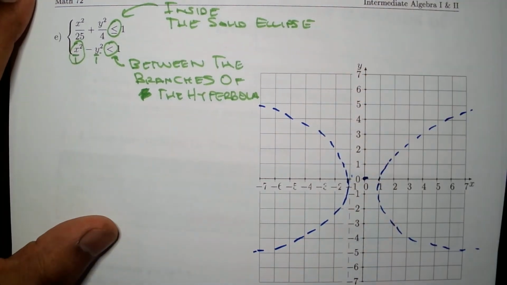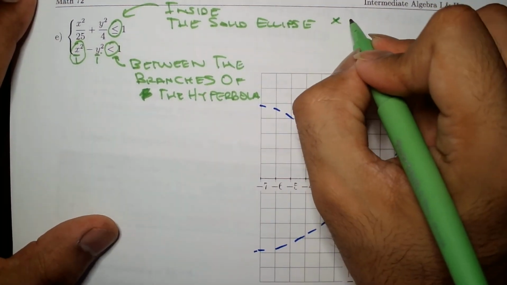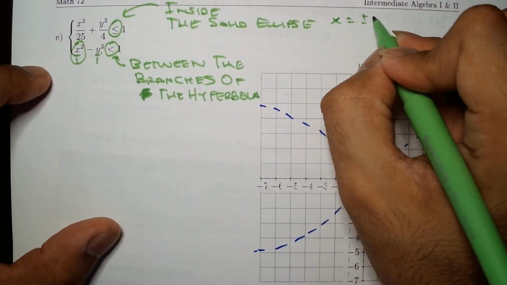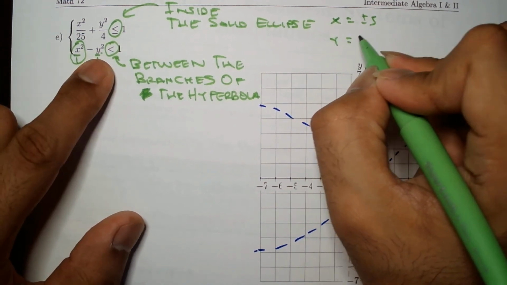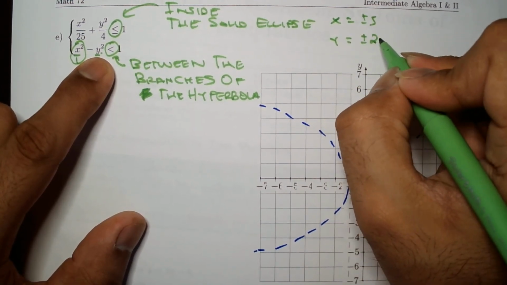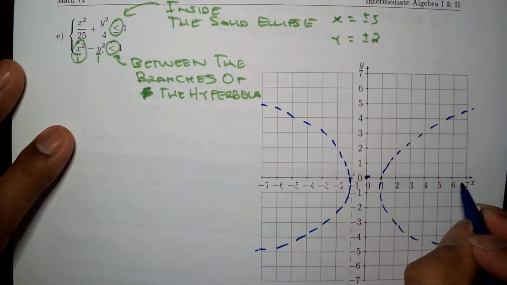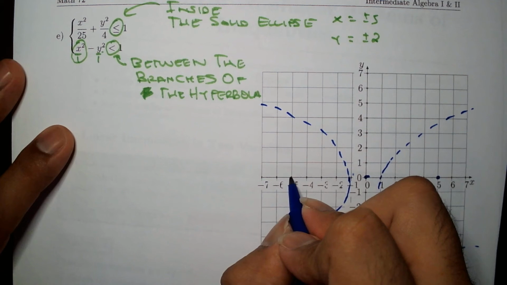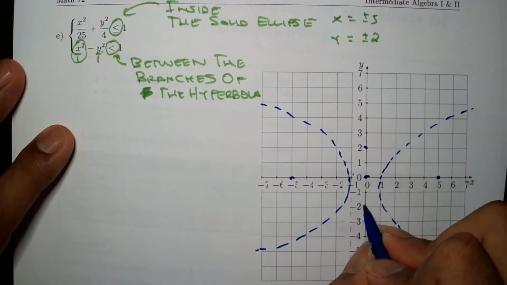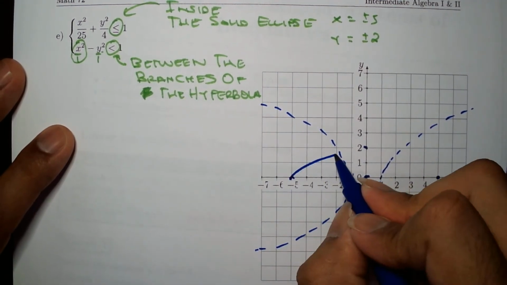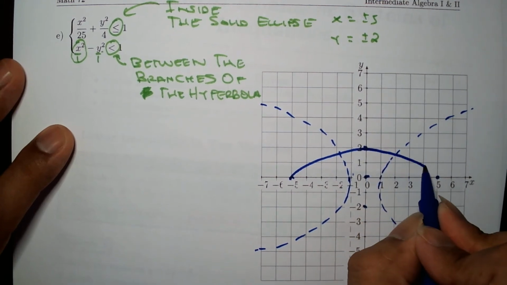The ellipse has x-intercepts at plus or minus 5 and y-intercepts at plus or minus 2. So the solid ellipse, x equals plus or minus 5 and plus or minus 2 for the y-intercept, and this is solid.